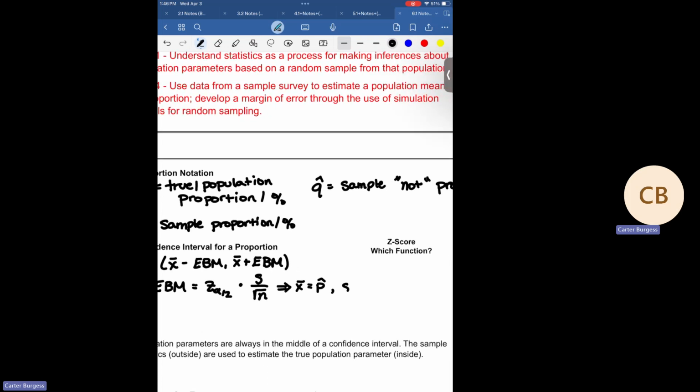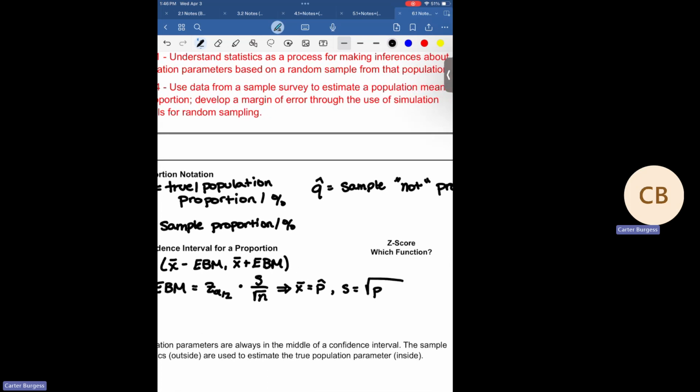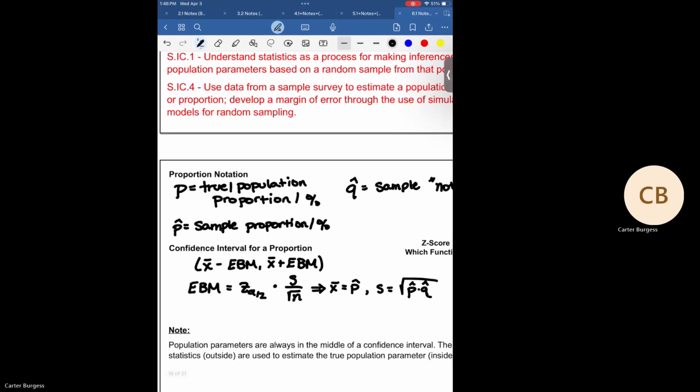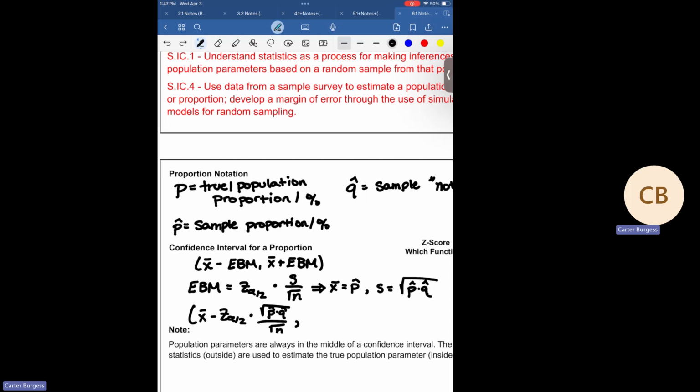And I know that S is going to be the square root of P times Q. Okay, so if we wanted to, we could jam all of this together and make it look really, really scary. Oh, sorry, it's not even X bar anymore. This is now P hat.